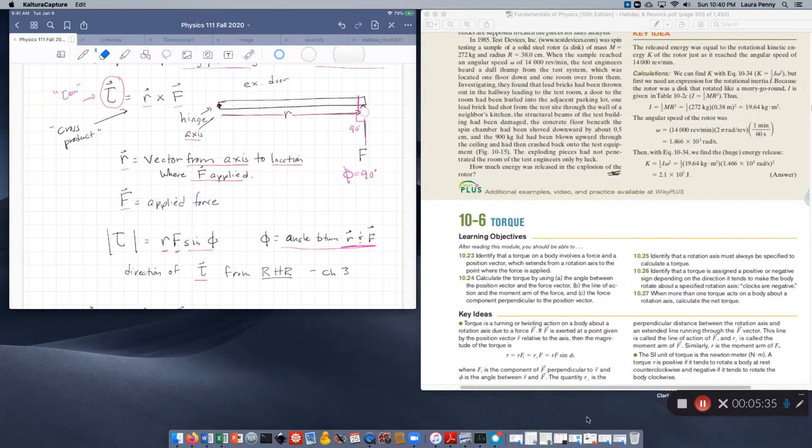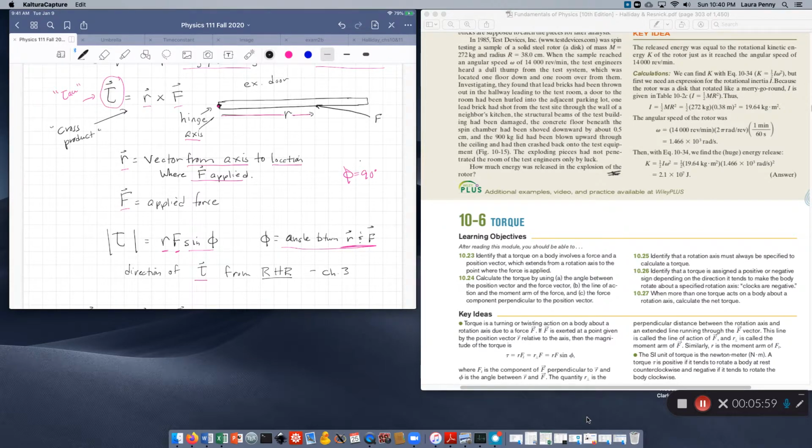Another situation would be if I didn't push at the end. We'll go back and redraw these. Here's my door. Say I push at this location and I push at some weird angle, like this.